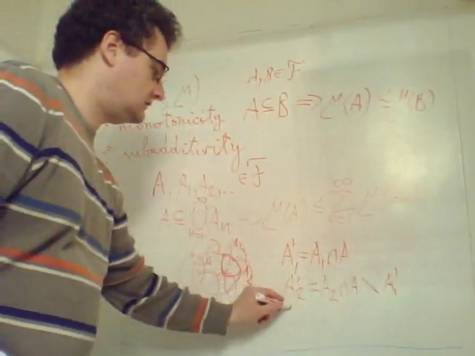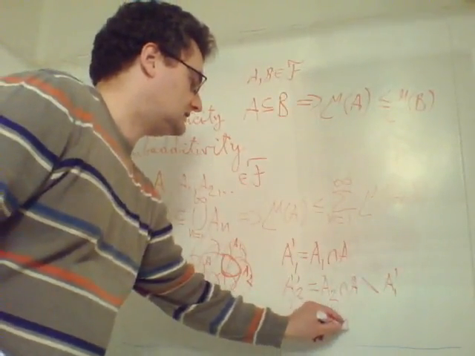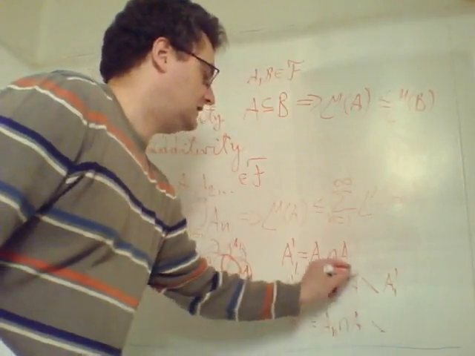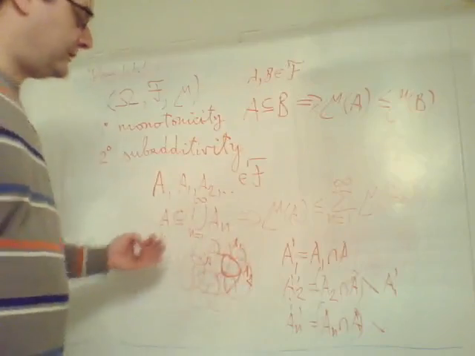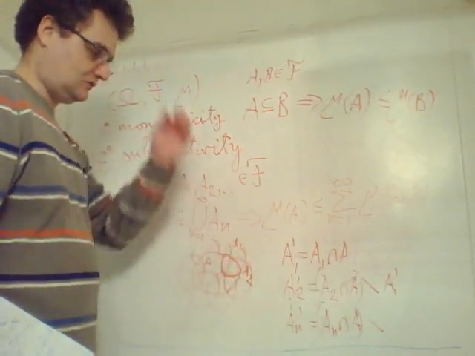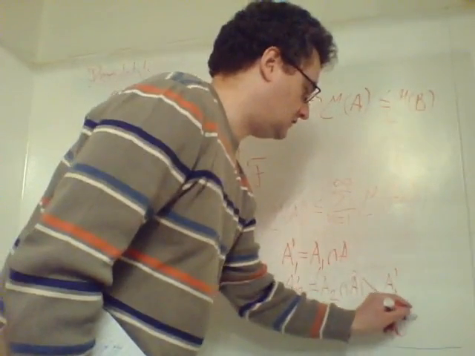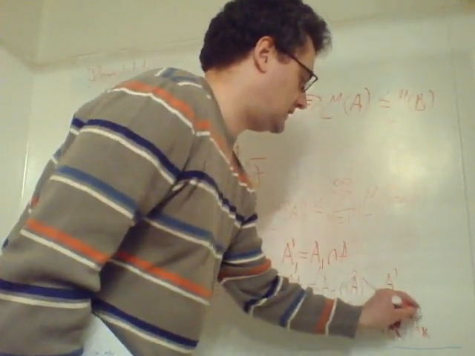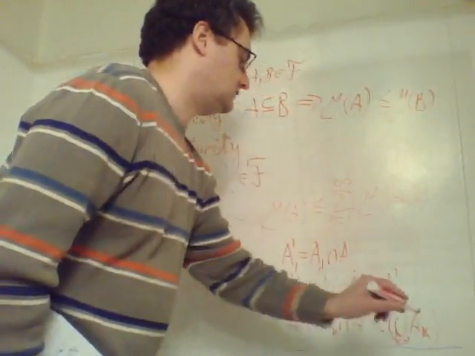And in general, AN prime is when you take AN intersected with A and then subtract all previous contributions from previous AK, so basically the union of AK prime, K goes from 1 to n minus 1.